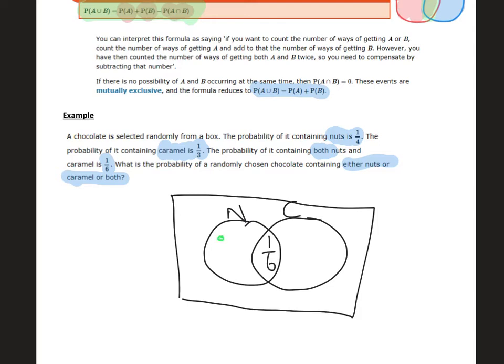So that means the bit here where I'm going to put a green little dot has to make this circle add up to 1/4. So where I put my green dot, I'm going to do 1/4, take away the 1/6. If you use a calculator to do that, or just do it in your head, you should get 1/12.